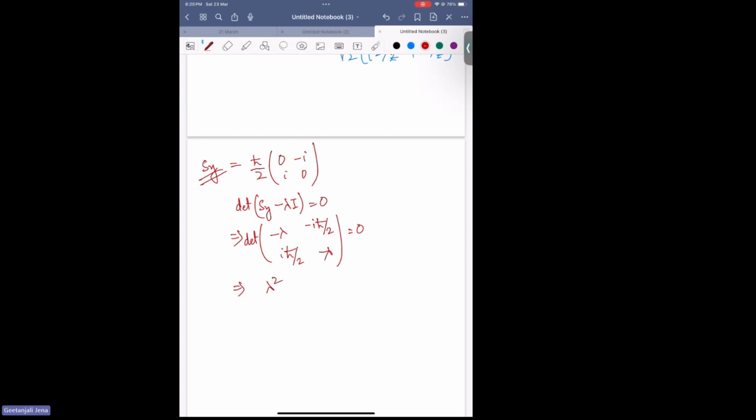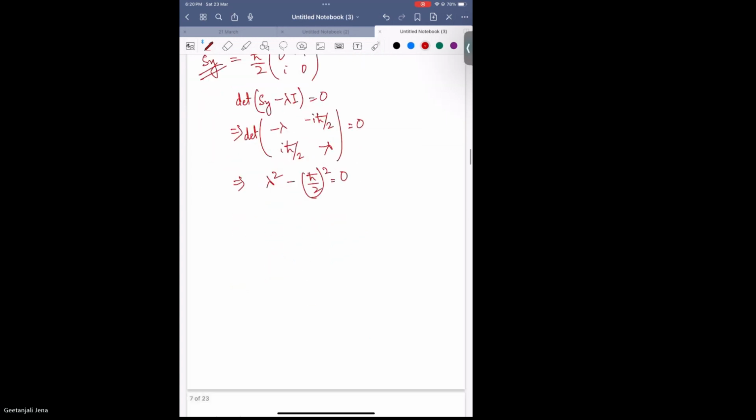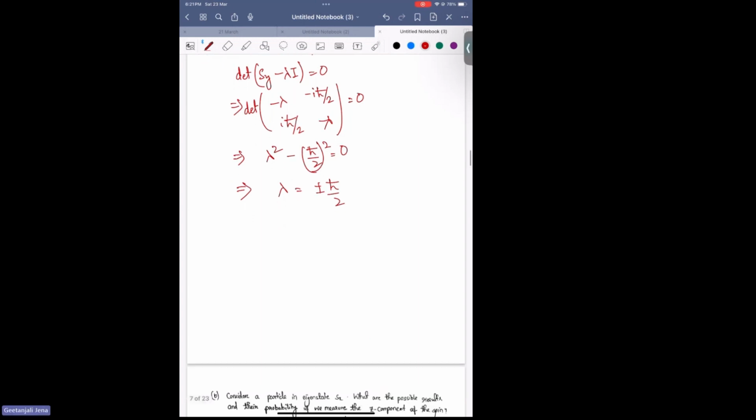This is nothing but lambda squared minus (ħ/2) squared equal to 0. So here also we see that the eigenvalues are plus and minus ħ/2. The eigenvalues of Sy are the same as Sx, plus or minus ħ/2.